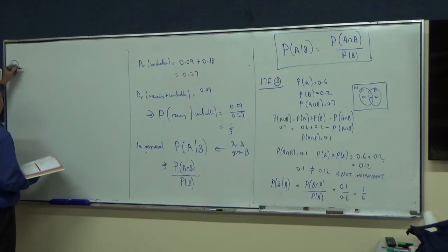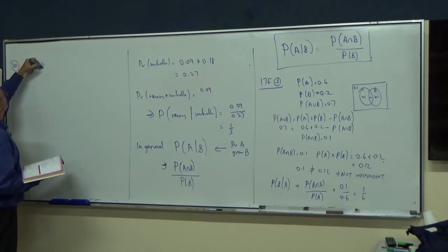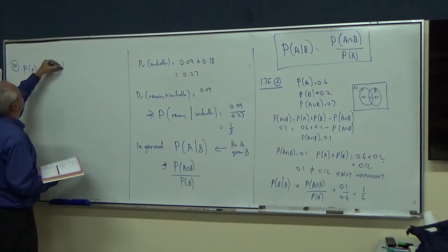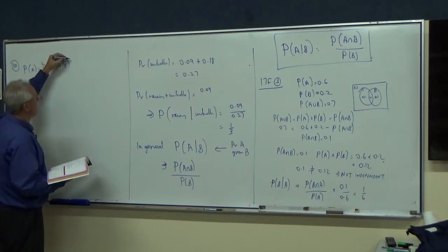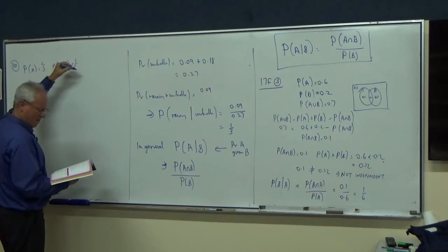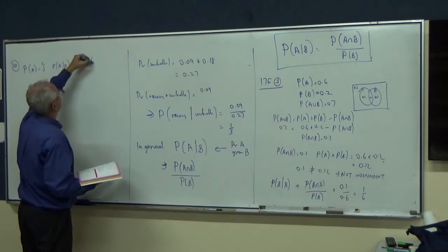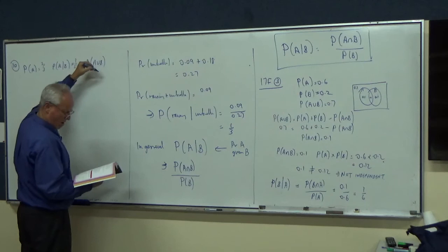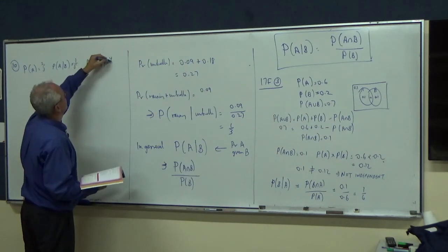Question 10, so we're still in the same chapter, 17F. Probability of A is 2/3. Probability of A given B is 1/5. Probability of A union B is 4/5.